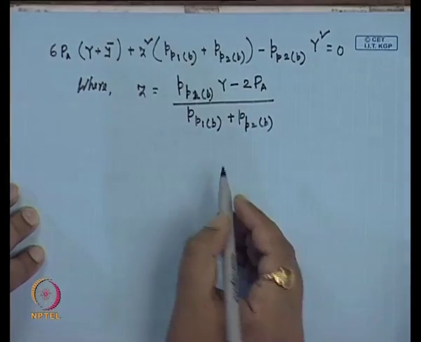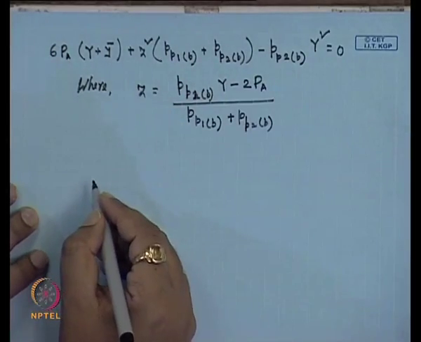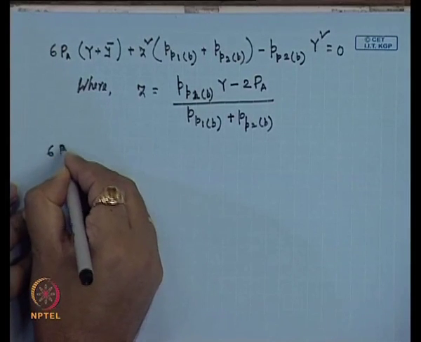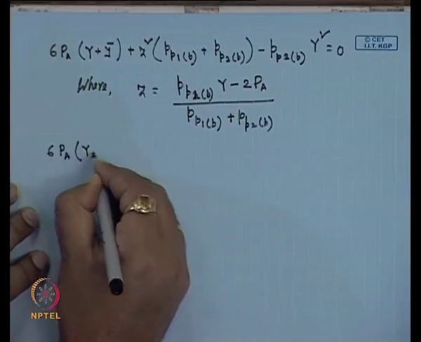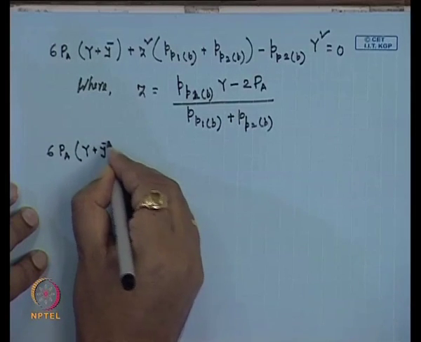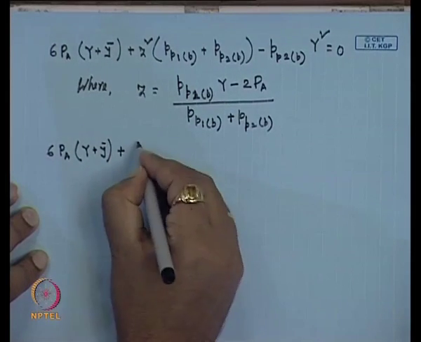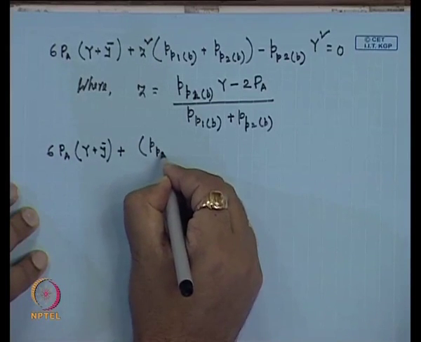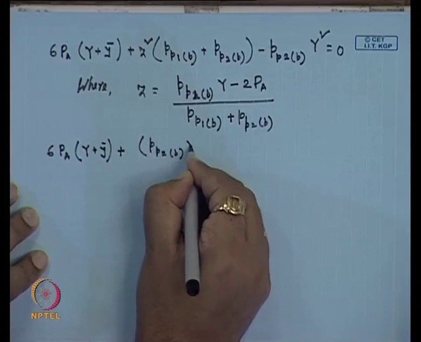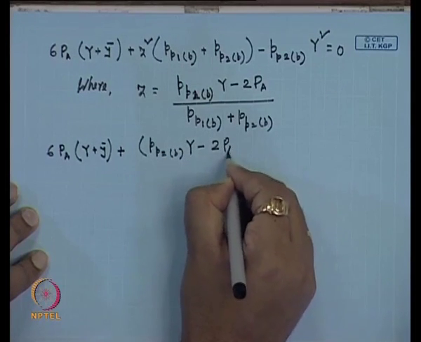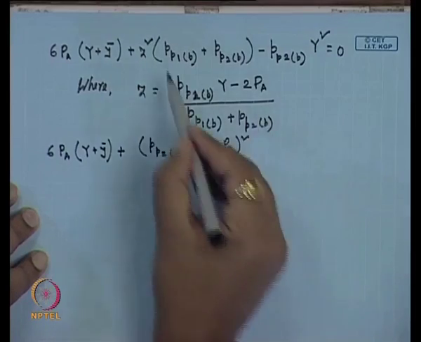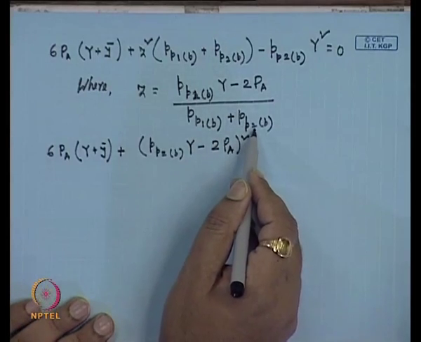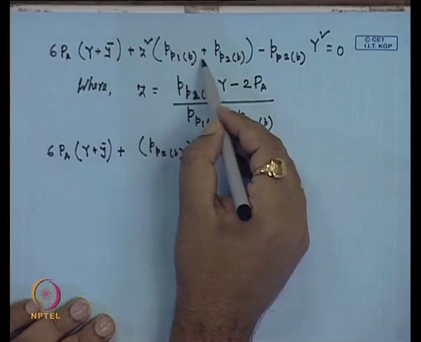Now if I put this value of Z in the general expression, we will get 6 P_A (capital Y plus small y bar) plus (P_P2B Y − 2P_A) whole square, divided by (P_P1B + P_P2B) squared, into (P_P1B + P_P2B).